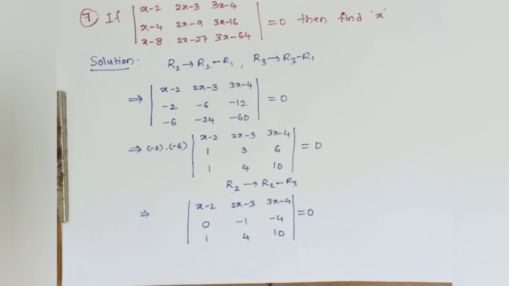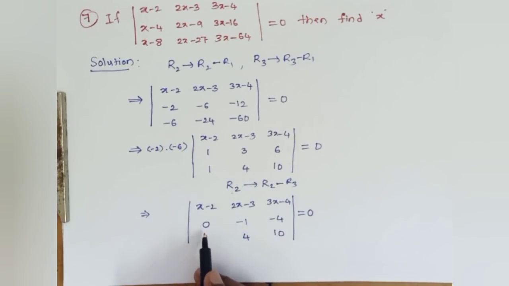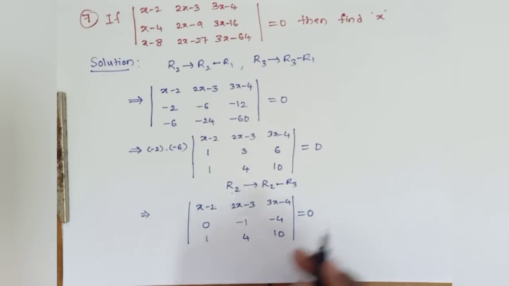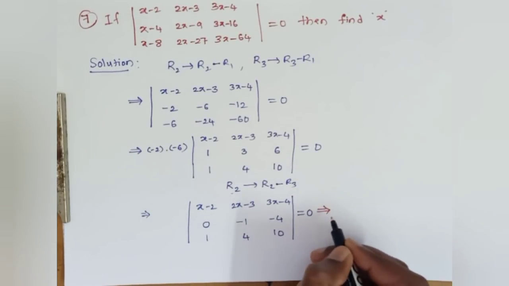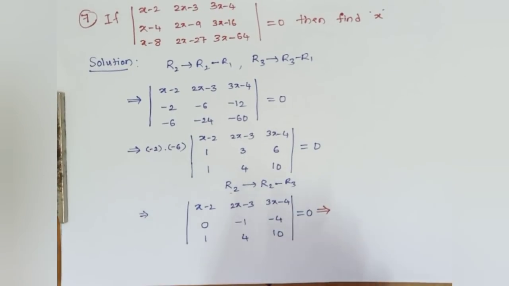Now you can expand the determinant along the first column that contains 0. If it contains more zeros, try to evaluate the determinant by using that column or row only, so that the calculation part may be easy.